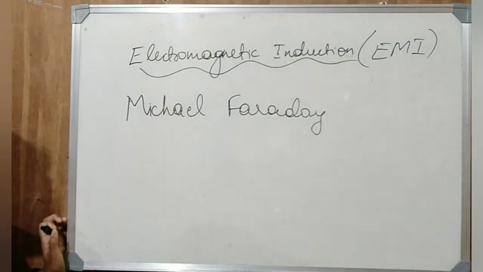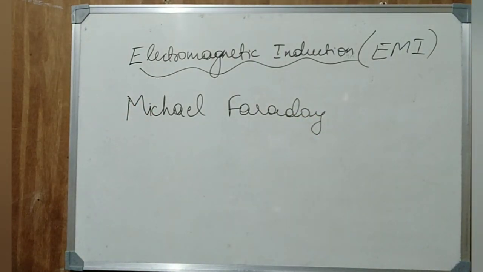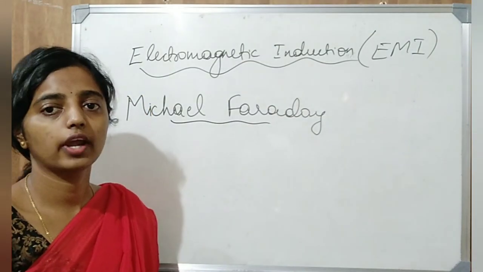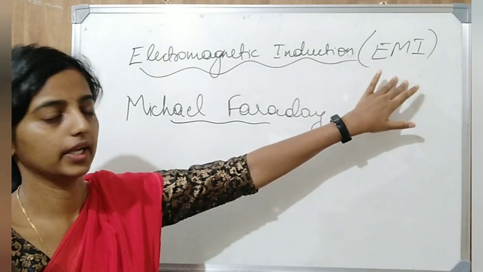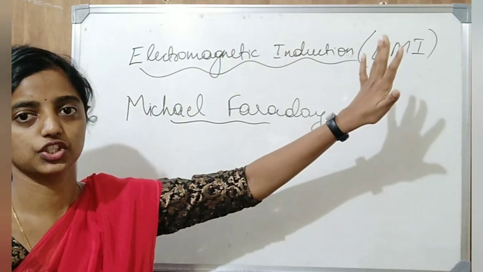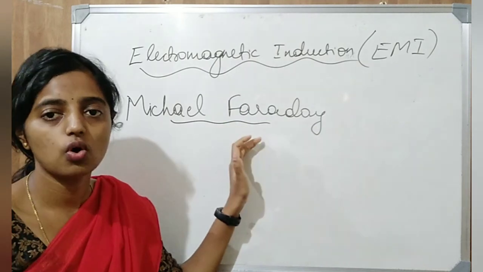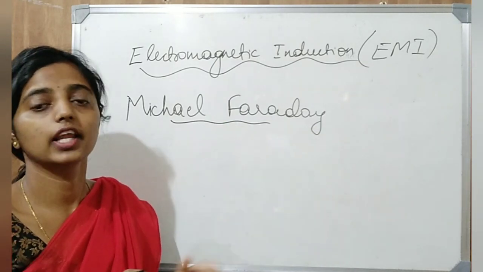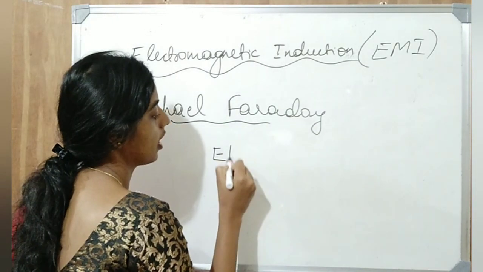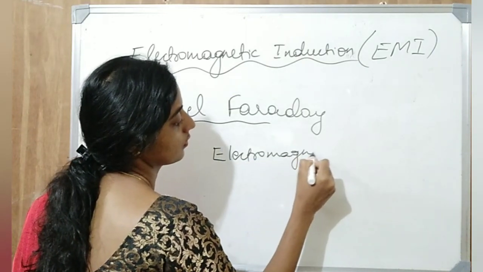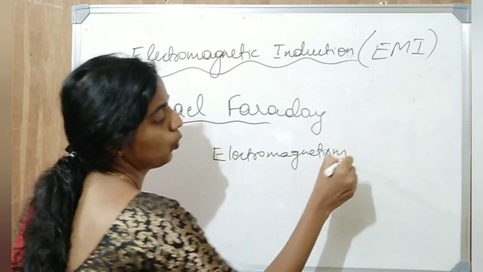I hope you already know this name. He is the Michael Faraday who gave the concept of EMI, electromagnetic induction. And remember, this scientist is also called the father of electromagnetism.